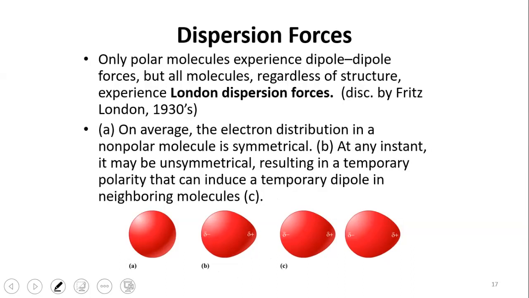Now let's see if we can explain it. Look at the diagrams in the bottom here. Starting with A, let's assume that you start out with a spherical distribution of the electron clouds of the molecule. Again, this is just a picture.